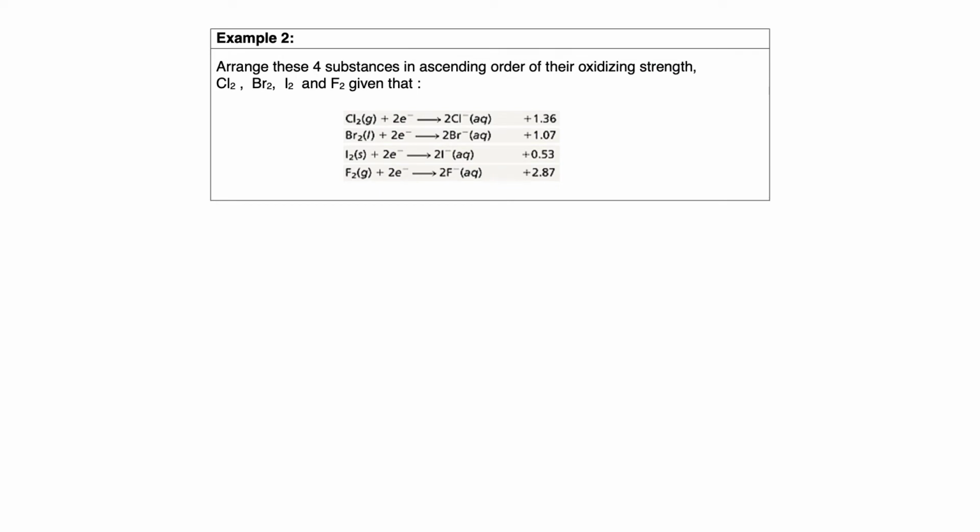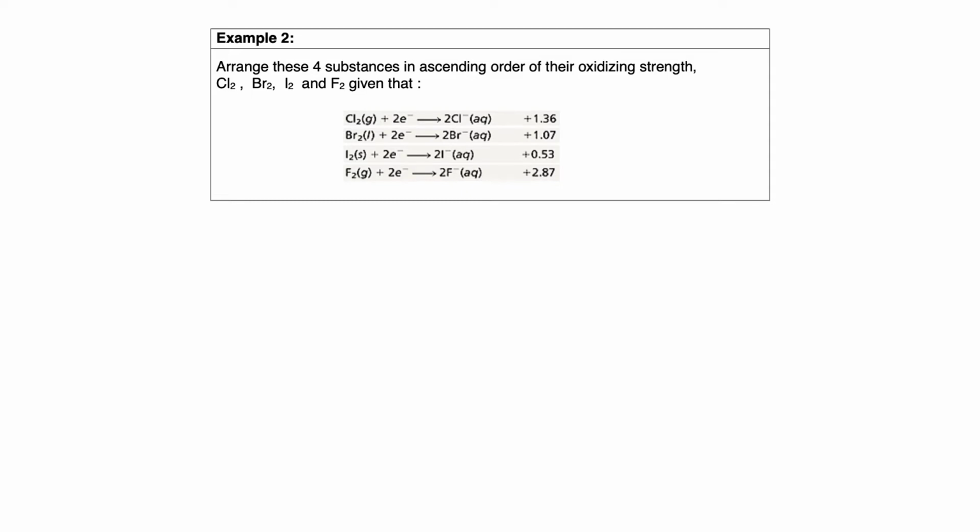Okay, now let's take a look at these questions. If the previous question asked you to arrange the order of increasing strength as reducing agent, this question asks you to arrange in ascending order of their oxidizing strength.